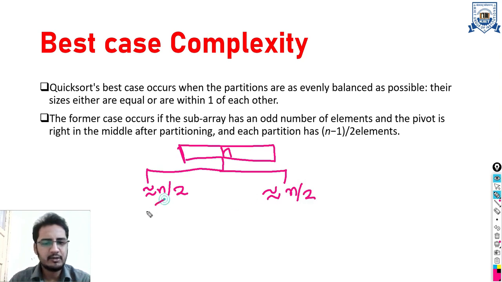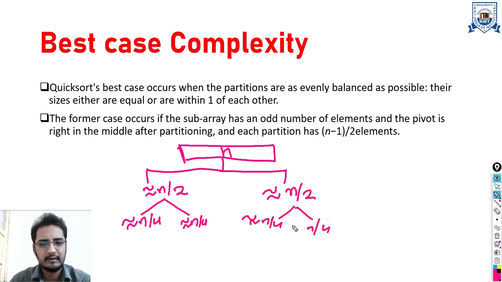In the next step also you are doing the partition in such a way that the problem is divided into half of its previous size. We are dividing the problem in half.